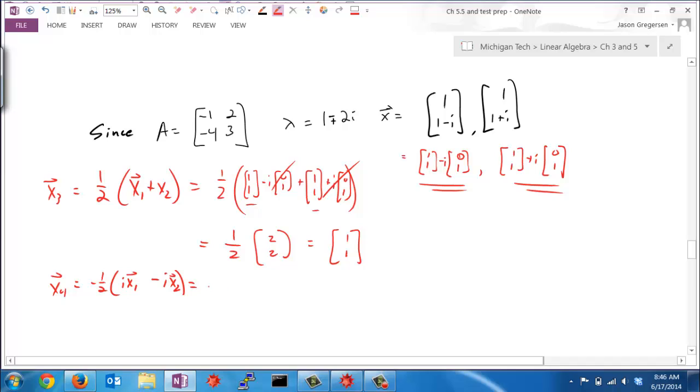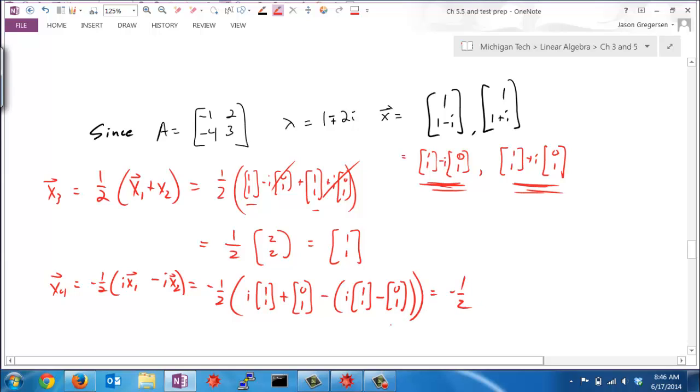And when I do this one, let's see what I get. I get negative 1/2. I'm going to multiply my first vector by I. I'll have I times 1, 1 minus I times I. What happens when I take I times I? I squared is negative 1. So those negatives cancel out. And I get this thing. So that's my first. And I'm subtracting my second one. Well, I times my second vector will give me I times 1, 1. And then I times I again will give me minus 0, 1.